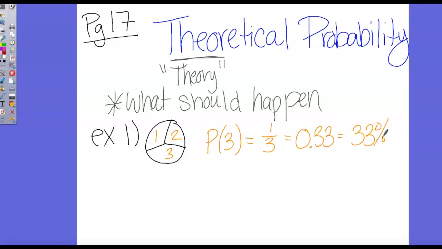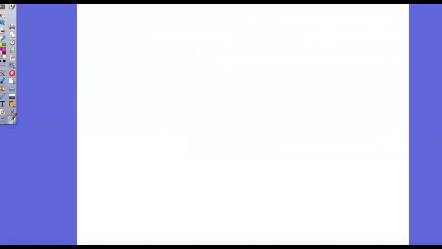Questions on example 1? Okay, example 2. I'm going to clear this because it's going to take up a little more room, a little more thinking. Everybody good? Okay. So example 2.